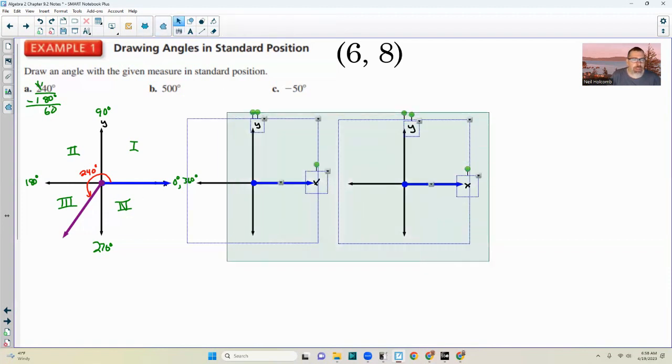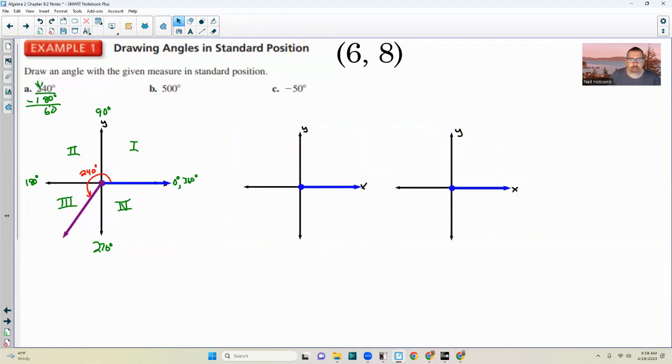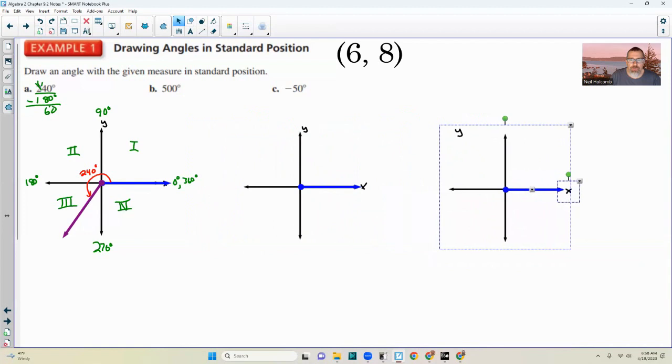Let me just give more room. Let me move them over now. Okay, and move this one over here. All right, so the next one is 500 degrees. So again, you have your initial side, and now I want to copy this over and just put it right here.